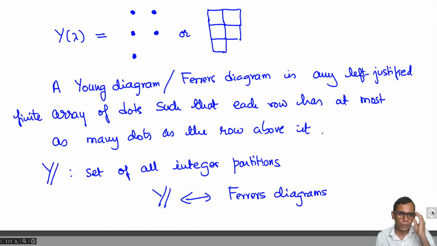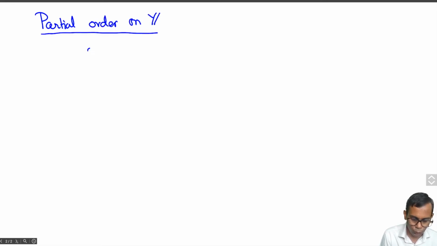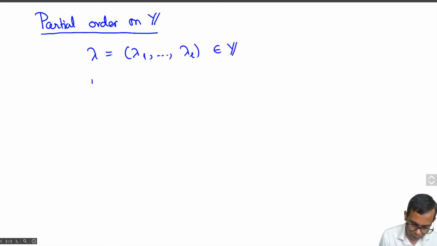Okay, now I'm going to endow this set Y with a partial order. Suppose I have two elements, lambda equals lambda 1 through lambda L, and mu equals mu 1 through mu m.